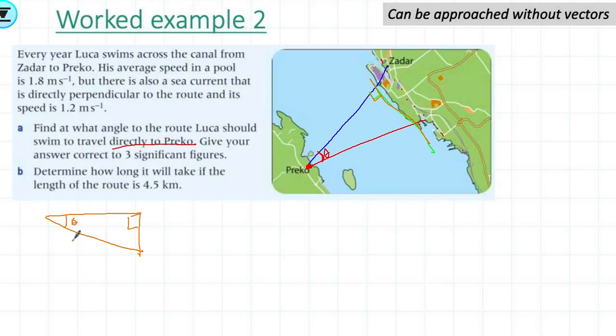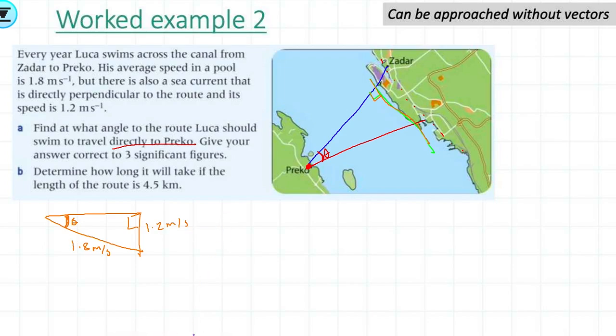He's traveling at 1.8 meters per second, and the current is at 1.2 meters per second. So if I'm looking at the angle, I can just directly use any of the trig ratios, or more specifically, you can use the sine inverse and find the angle here, which will give you 41.8.